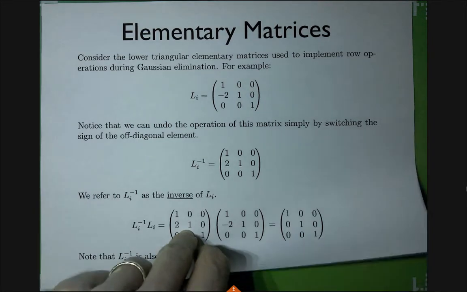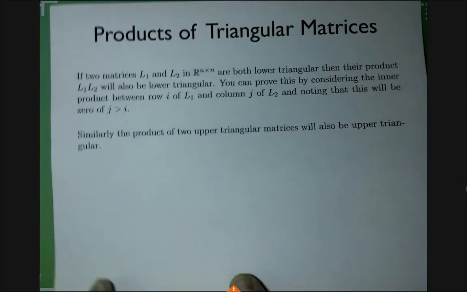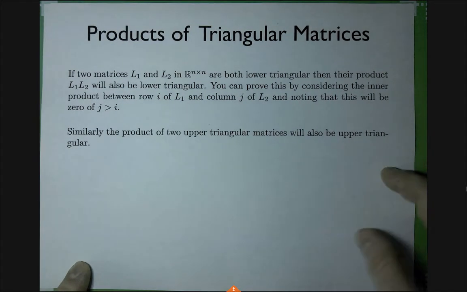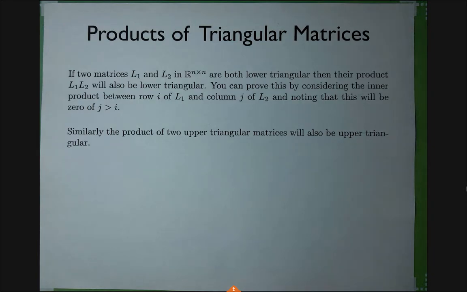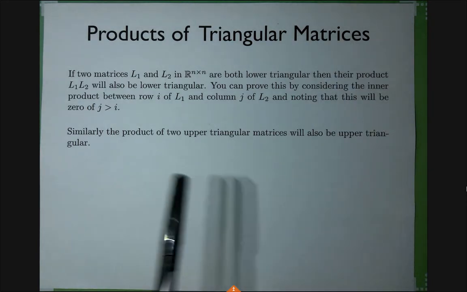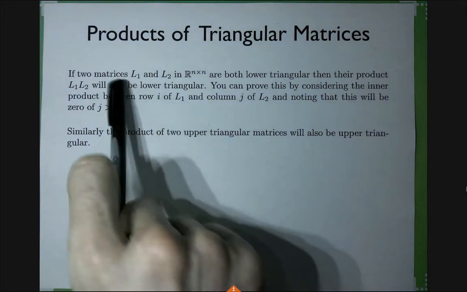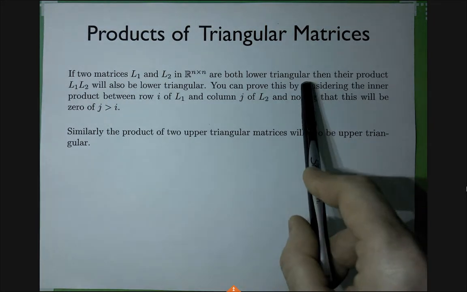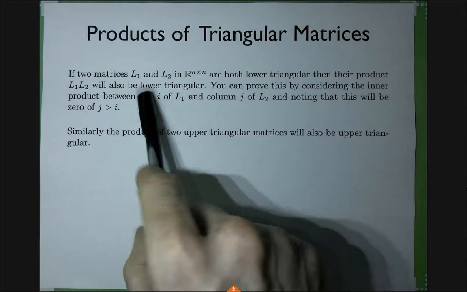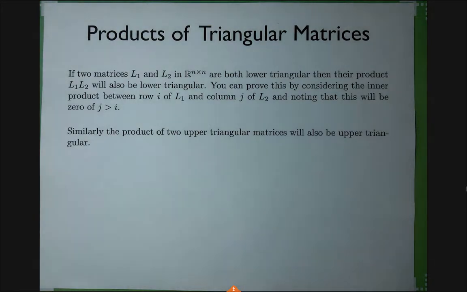Before I get to LU decomposition, I will give you one nice property of triangular matrices that actually completes the picture of the beauty of the algebra. It says that if I have two matrices that are both lower triangular, then their product is also lower triangular. So that's very nice.